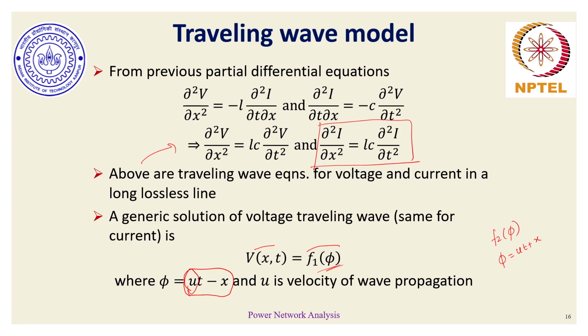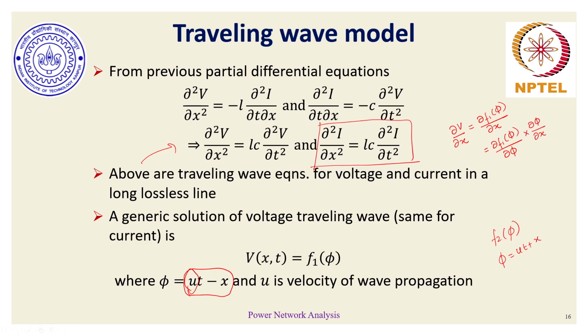So if I choose v of x, t as F1 of phi and I want to take the first derivative with respect to x, then I have del F1 of phi with respect to x, which is also equal to del F1 by del phi, using the chain rule of partial derivatives, times del phi by del x.